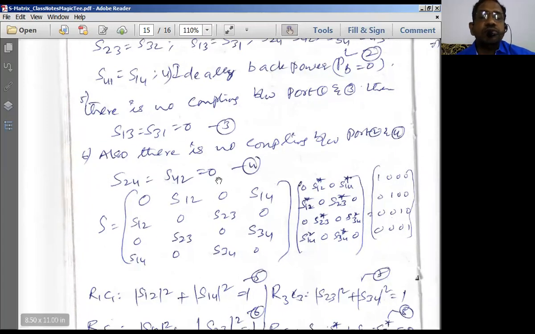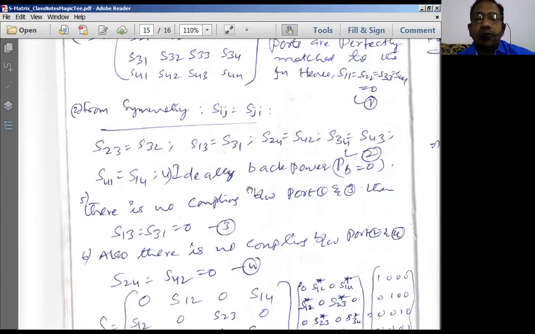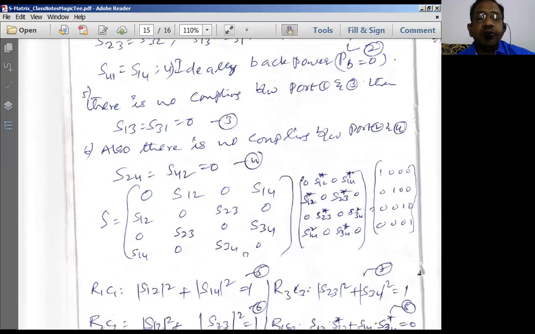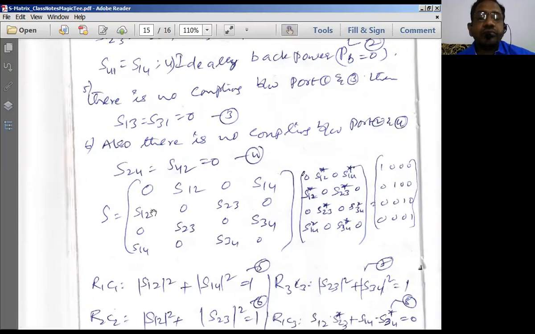So simply substitute all the above identities here to get the S matrix. So I can write this as S11 is 0, S22 is 0, S33 0, S44 0. So the diagonal is 0. S12, S14 remain as they are. Here I am going to have S21, which is nothing but equal to S12.